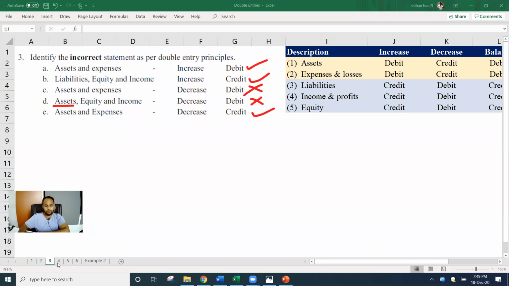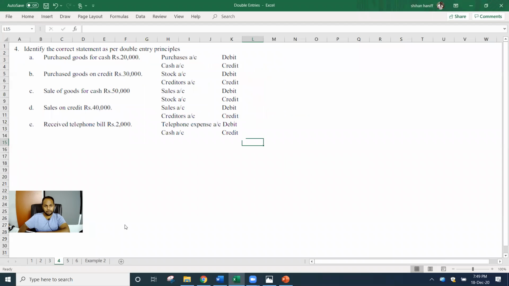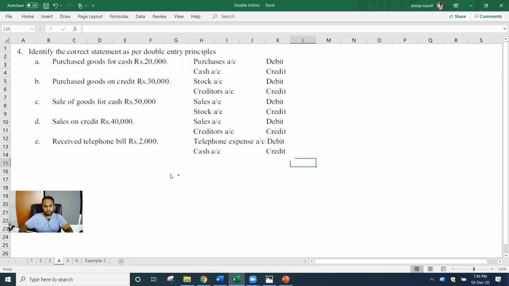Right. So question number 4. Identify the correct statements as per the double entry principle. You have to tell me the correct statement.